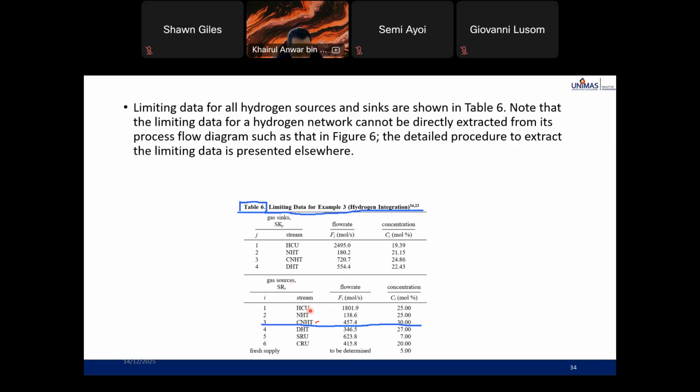The stream coming out of the HCU, NHT, CNHT, DHT. The other two sources are from the SRU and CRU. So this is for the case of hydrogen.